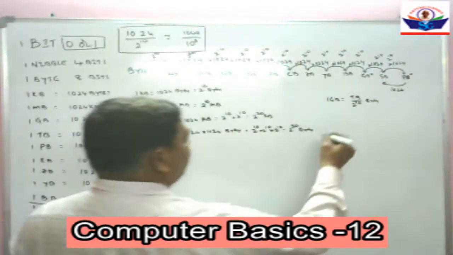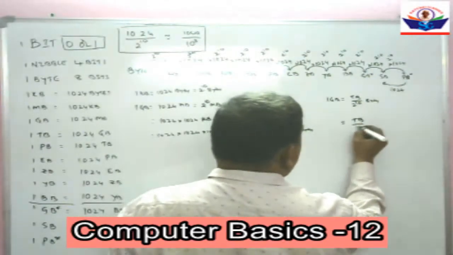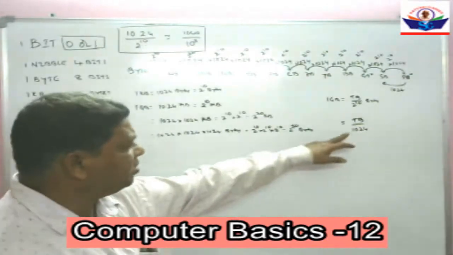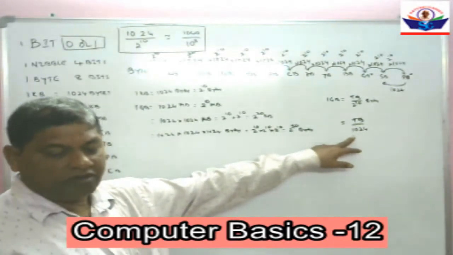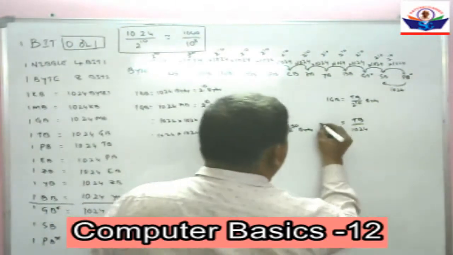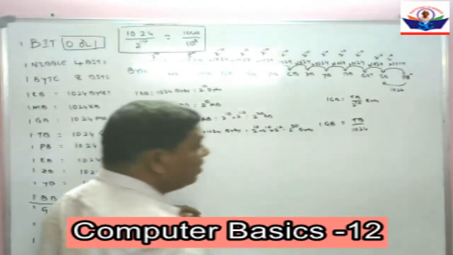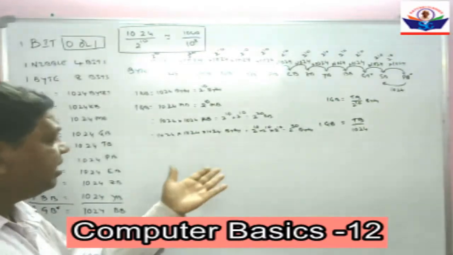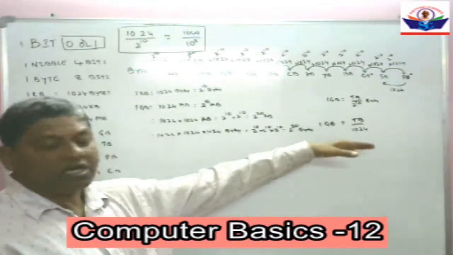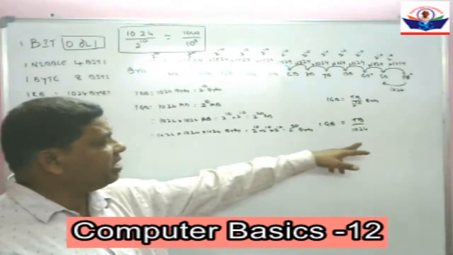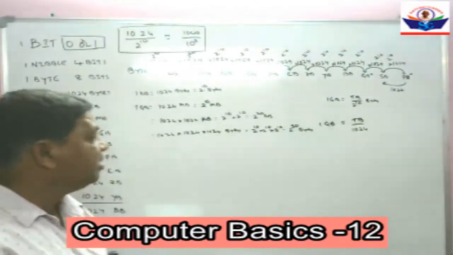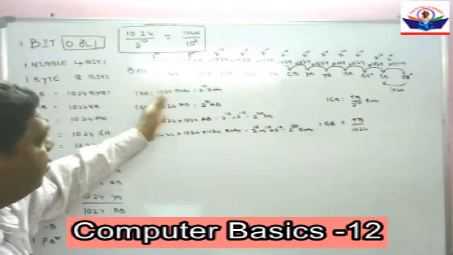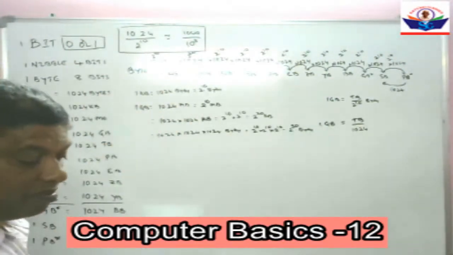That means terabyte by 1024. If we divide terabyte by 1024, it gives the GB. We can write GB in terms of TB by dividing by 1024. Like this, we can remember different representations of bytes.